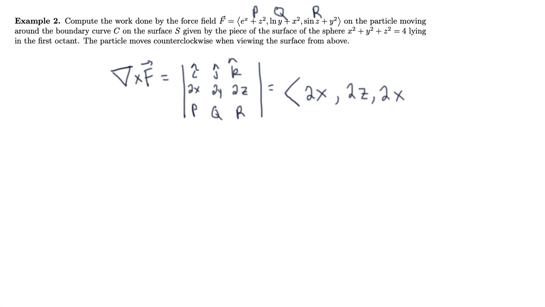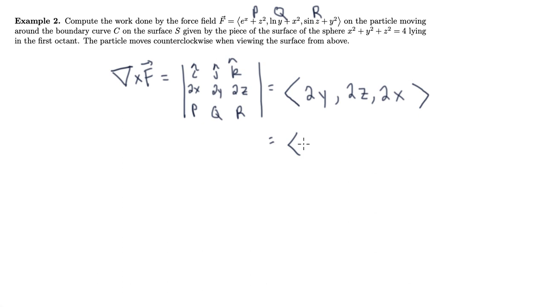Nope. Actually, this is going to be 2y, it looks like. Yeah, so 2y minus 0, and then 2z, and then 2x. Yep, that looks good. Okay, so we can actually evaluate this at y, z, and x, the various parameterizations.